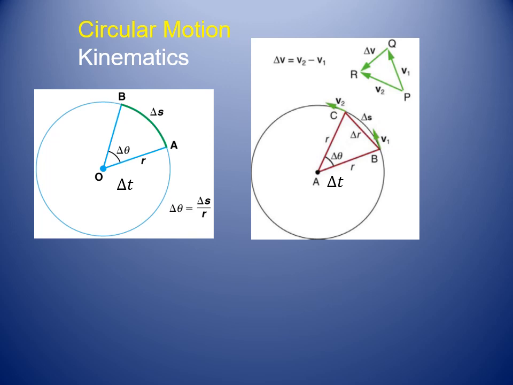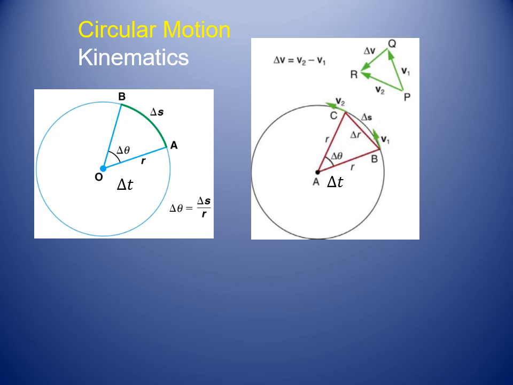At one point, it's in this direction, v1, and after delta t time it is v2. If you work out the vector, enlarge the view, from v1 changing to v2, this addition of delta v and v1 gives you v2, and that is your velocity change over delta t time.